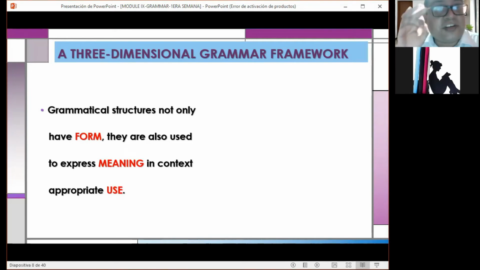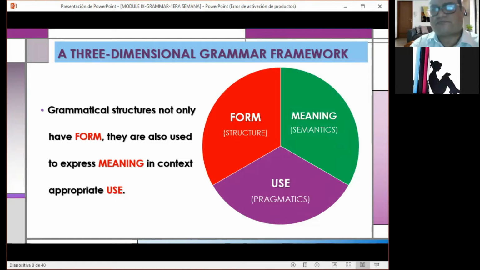So these are the three dimensions of grammar: form, meaning, and use. In this pie, you have the three dimensions of grammar. Form is related to the structure. Meaning is related to semantics. And use is related to pragmatics.